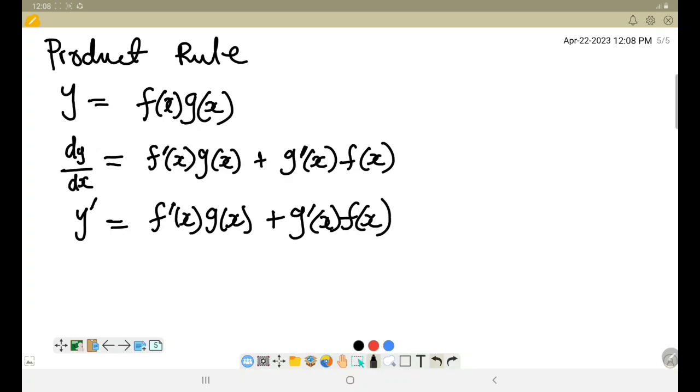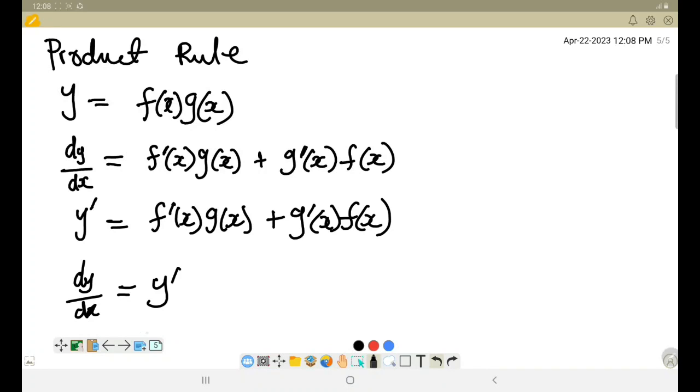It means the same thing. So what we notice is that dy/dx is also y prime. That's the way of writing it. You can write either dy/dx or y prime to show that you are differentiating y.